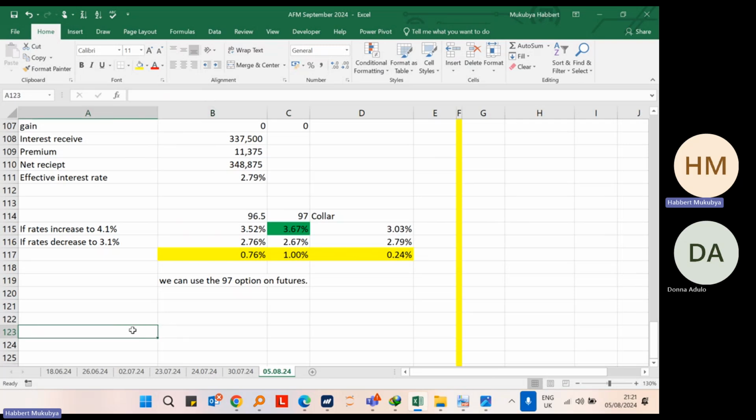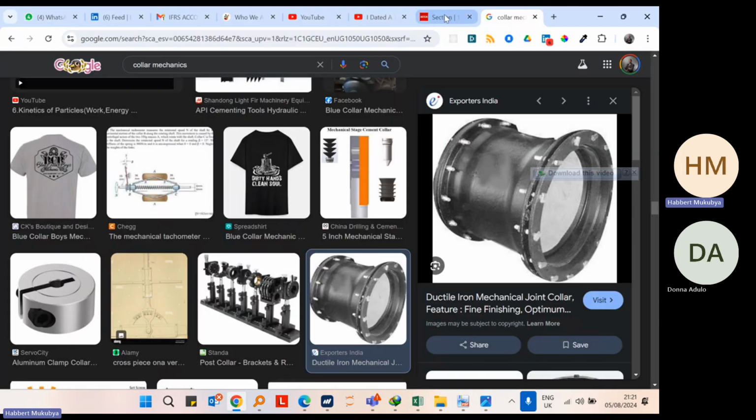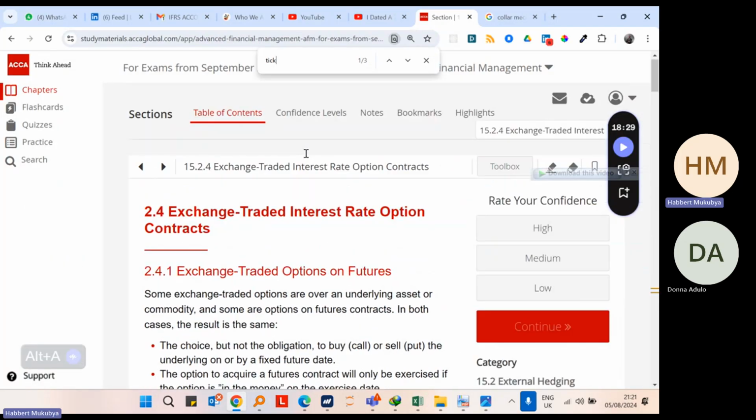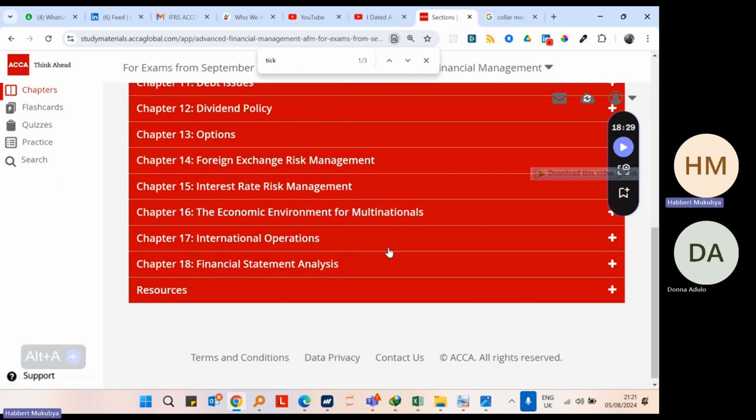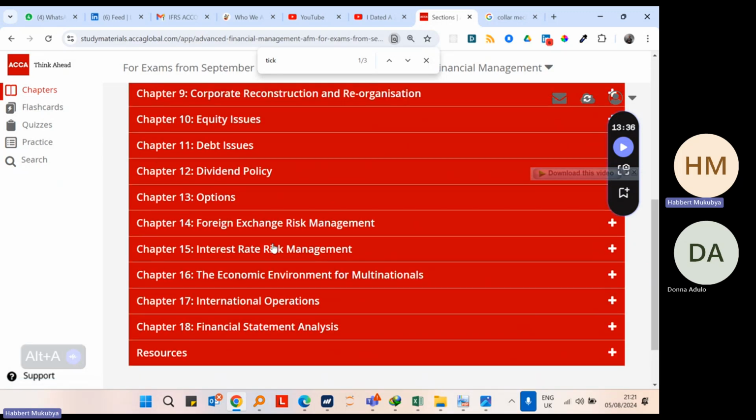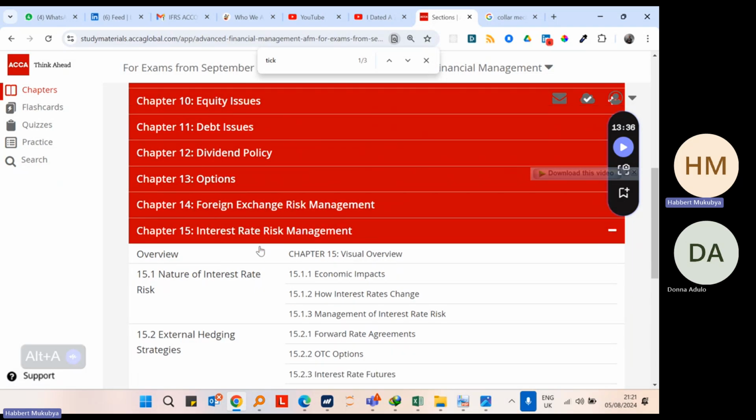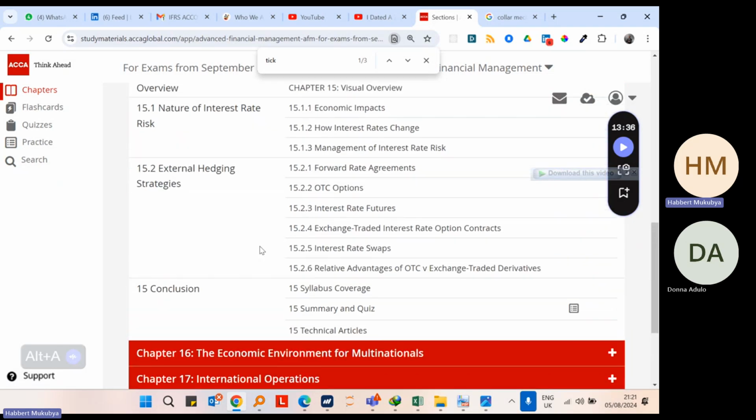But this is exactly what is being mentioned here. So maybe what I can leave you with is, since now we have looked at the interest rate, it would be better if you come here and look at the interest risk management section itself and read the entire thing. It's not so big.